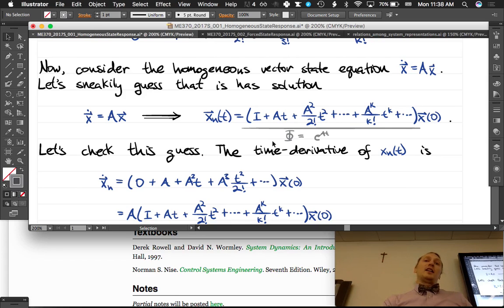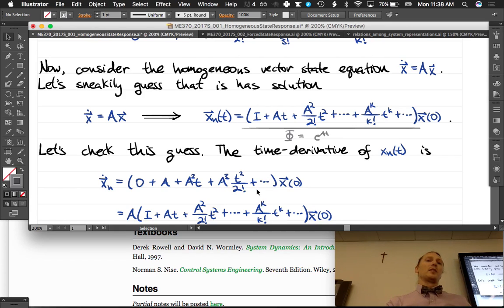And then what happens to this squared term? This is all a constant, but the t squared, so you take the 2 down, and you have t, and the 2 cancels with that highest term in the factorial. And so essentially you just get this series that emerges.